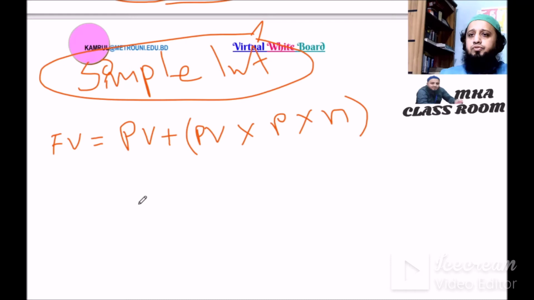Future value equals PV, that means present value, plus PV into R, where R means rate of interest, and N is the number of periods. Clear?